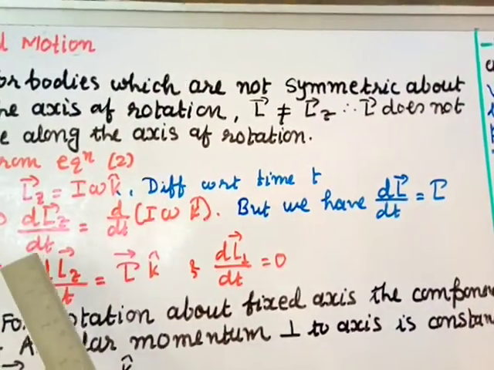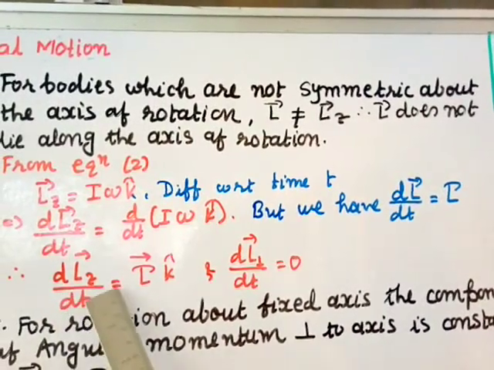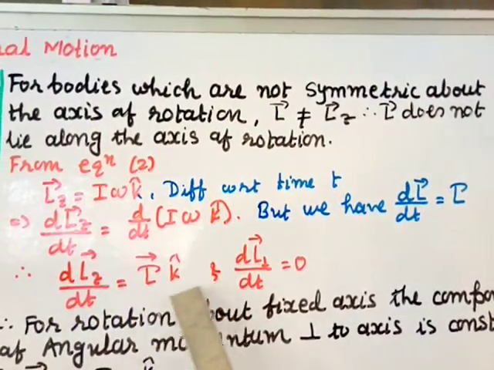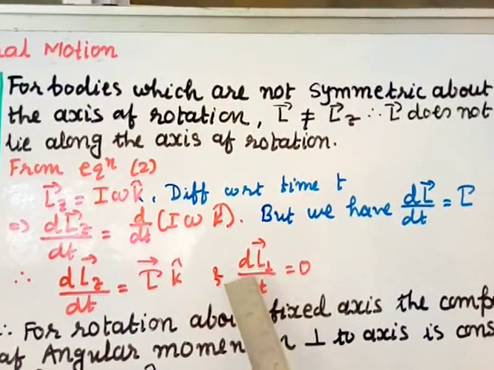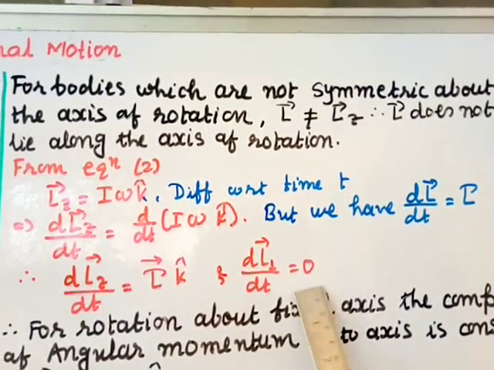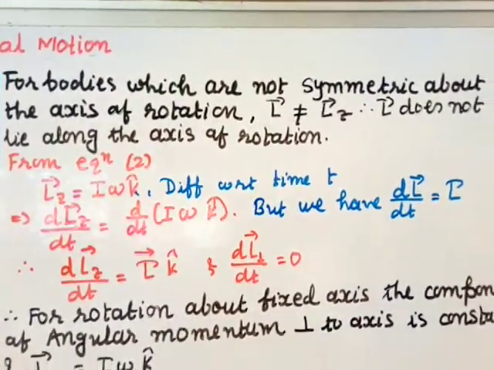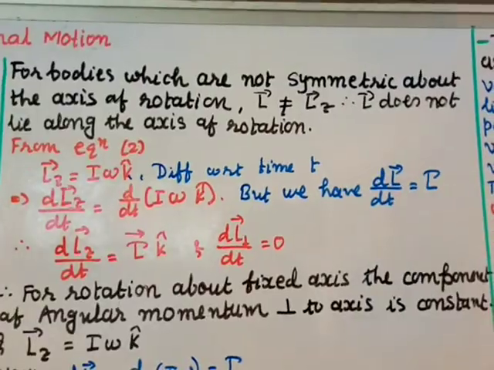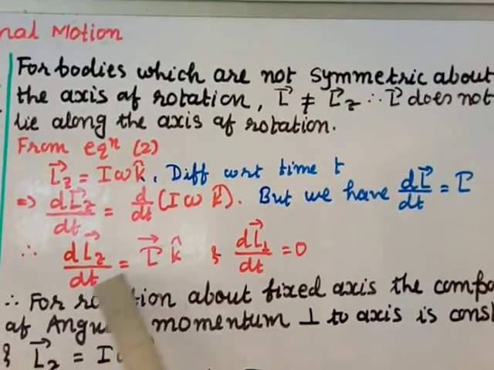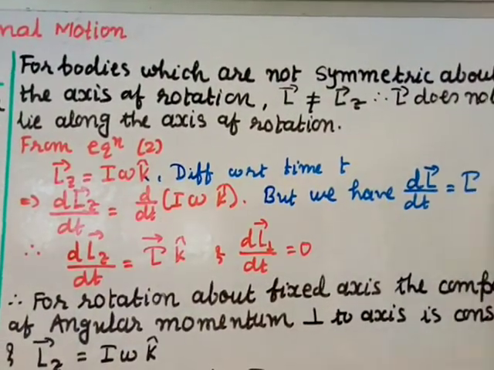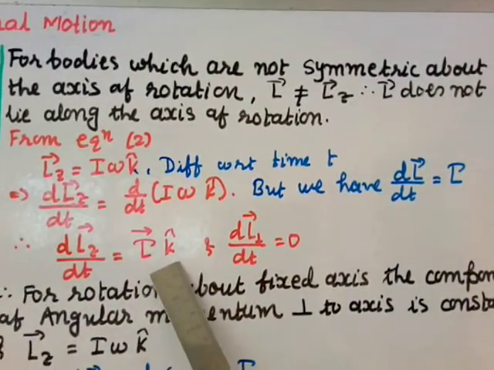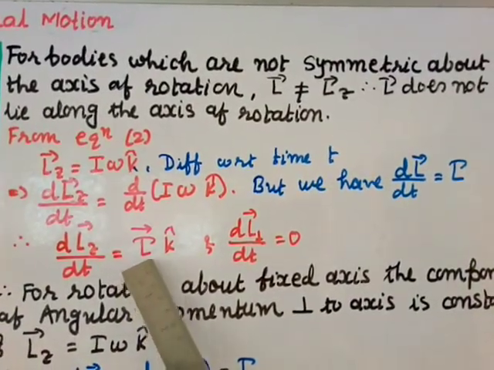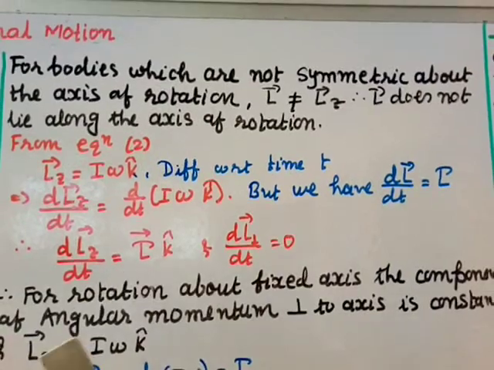So we put dLz by dt equal to tau k cap, and dL perpendicular by dt equal to 0, because the perpendicular component is 0. Here k cap is the unit vector.